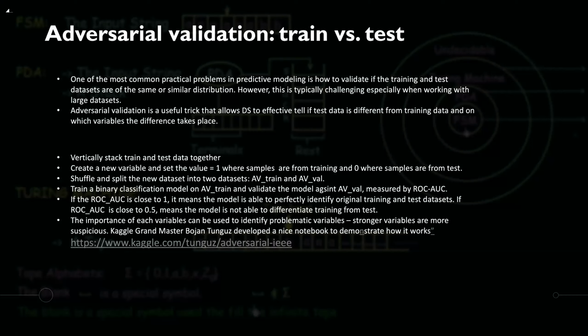Then you can use the feature importance to find out which features are problematic or potentially have something wrong in them that made it easy for the model to differentiate the training and the test data set.